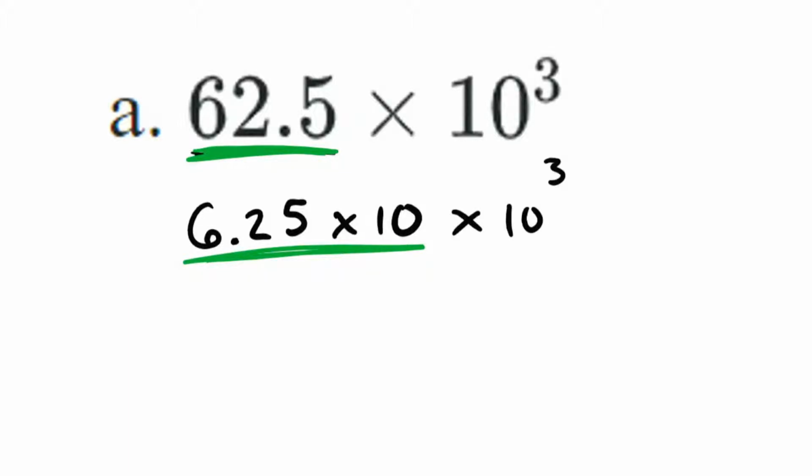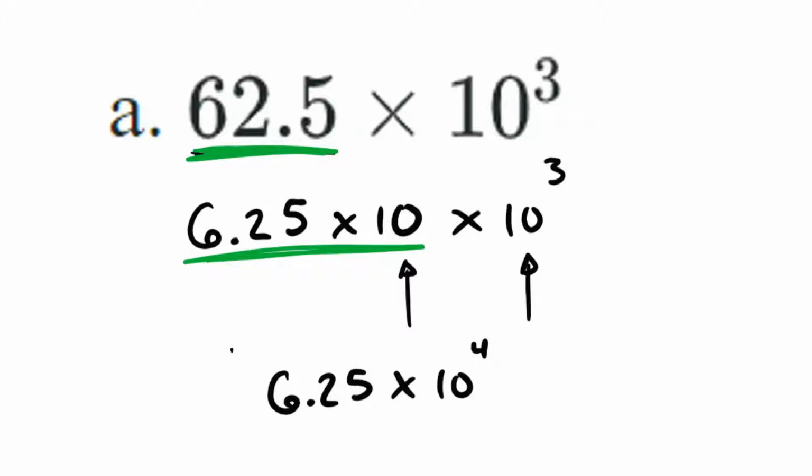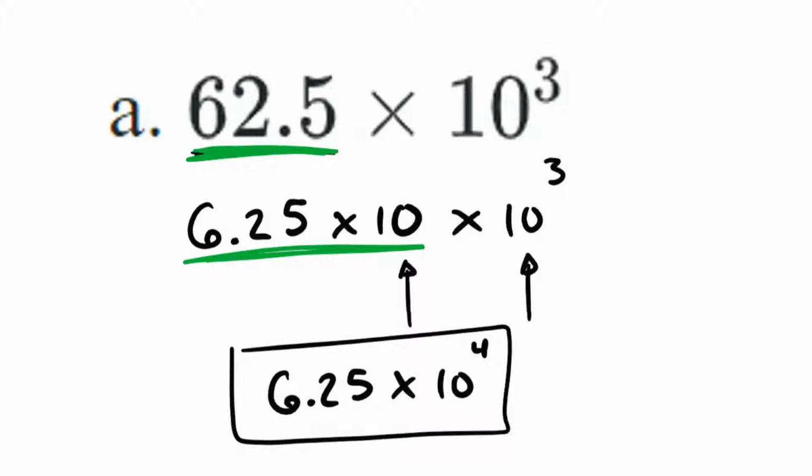The last thing I do is I have to write this as the number 6.25, but then I also have to multiply it by 1 power of 10. Well, you can see I've got a single factor of 10 here, and I've got 3 more factors of 10 here. So my correct answer would be 6.25 times 10 raised to the 4th power. So this number is in scientific notation. And that's going to be the answer that we keep.